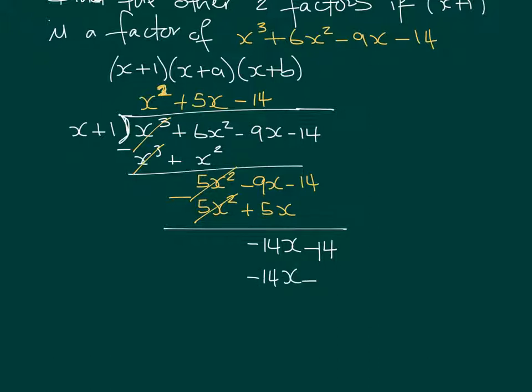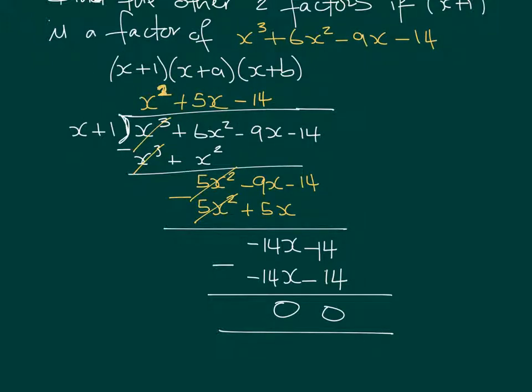Take away minus 14 times 1 gives me minus 14. That's why I've already got my takeaway there. I subtract the 2 and I'll get 0. Once I get to that point, I am done. So this is where my other two factors lie.